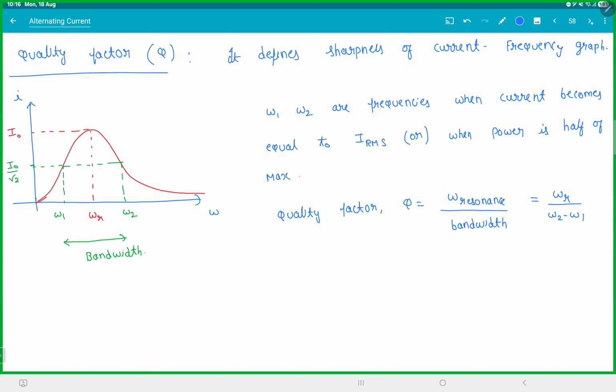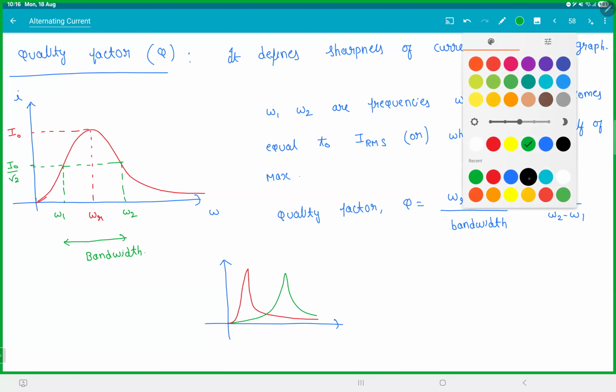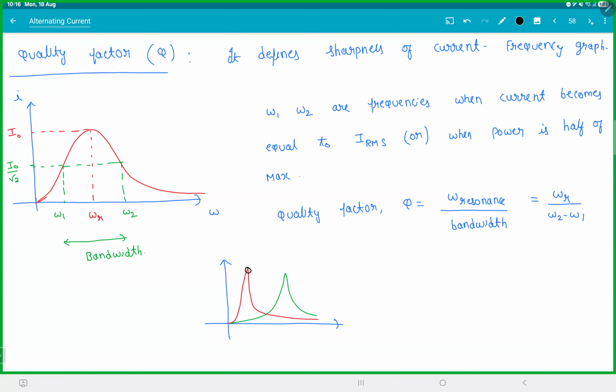So what is the use of this? Suppose you have a high quality wave, this is high quality, you get a pretty sharp curve. Now see, what's the advantage of this? Suppose you're using this in radio signals, when there is red, green is almost negligible. This is high quality. Basically, the signals don't interfere with each other.